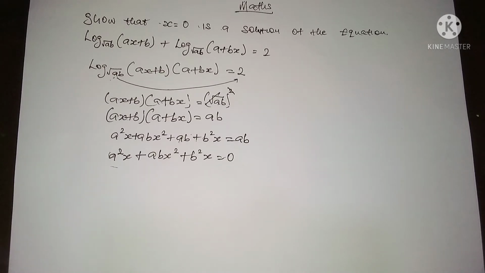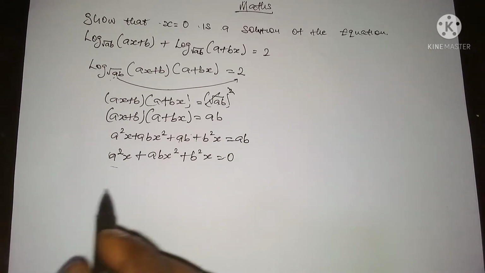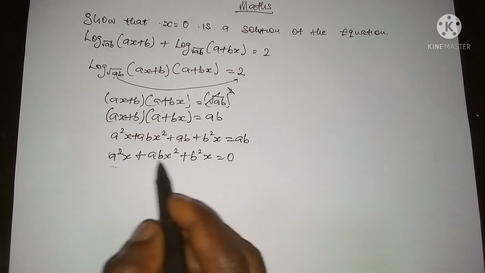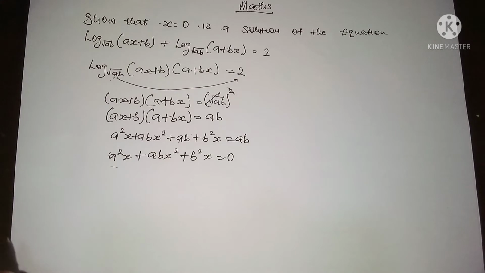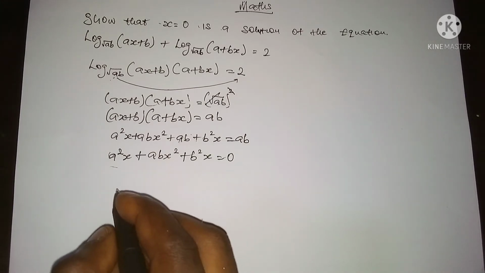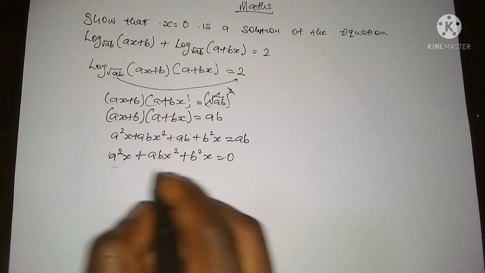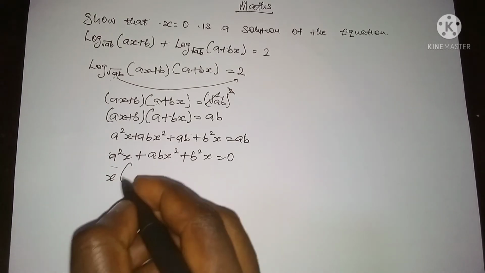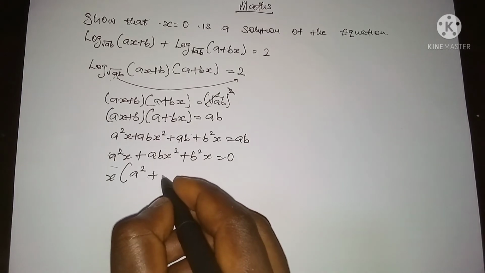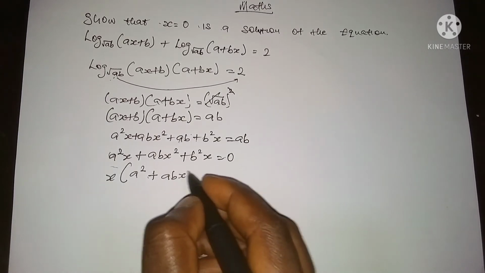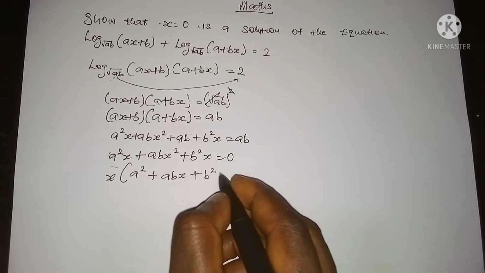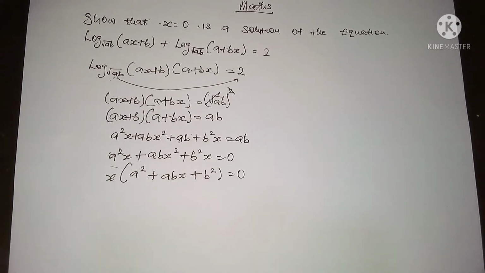Now we can factor out something. We know that x is common in this, and in this. So very quickly we can factor out x to make our work easier. When we factor out x, we'll have x times (a squared plus abx plus b squared) is equal to 0.